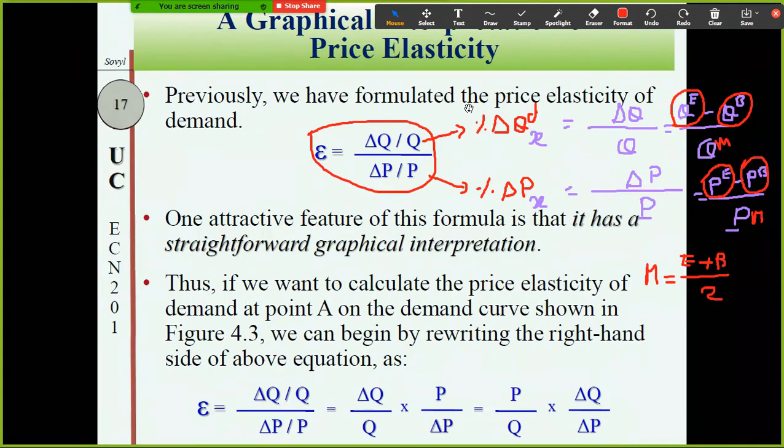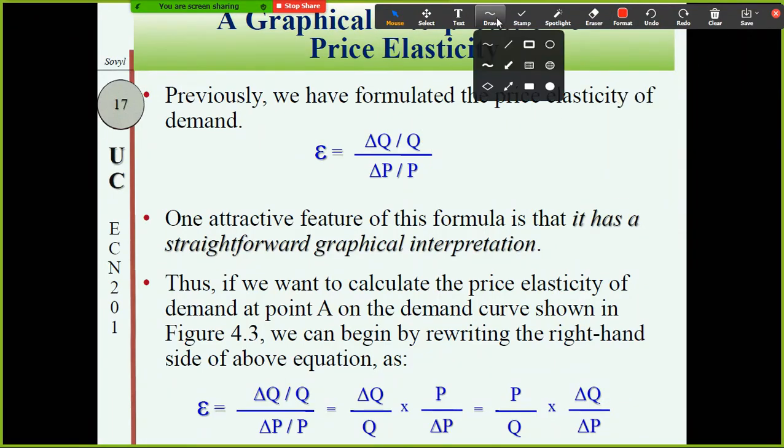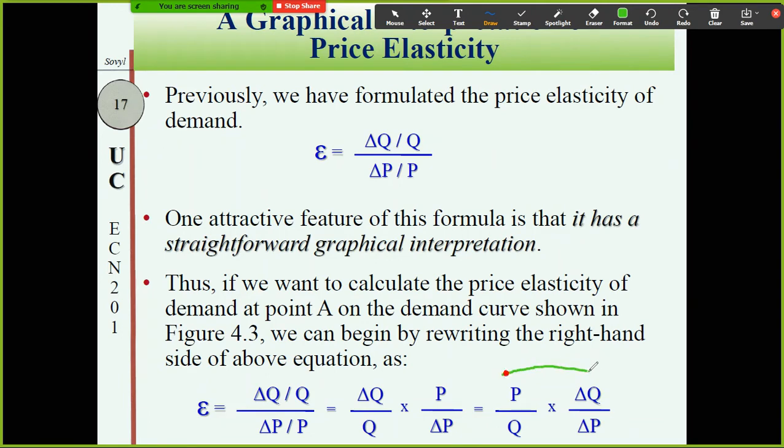If you cannot use this one, what will you do? We use this one. For example, epsilon at point A, with PA, QA.